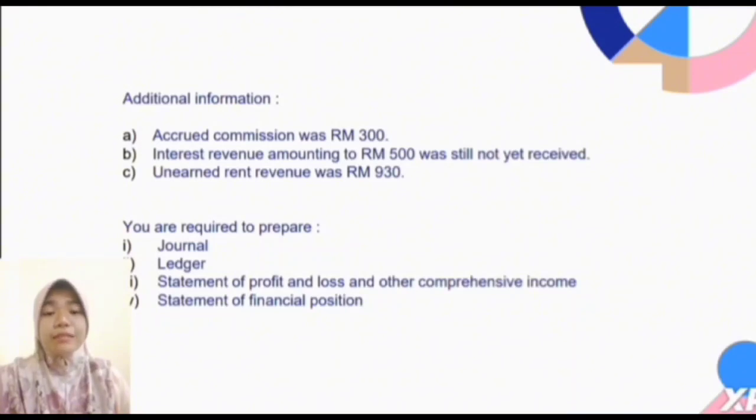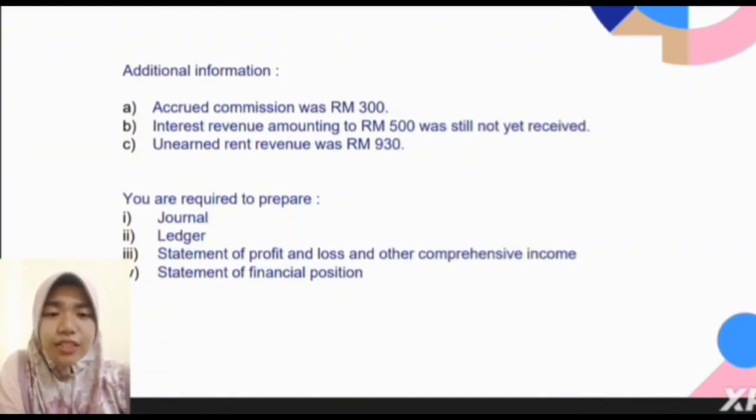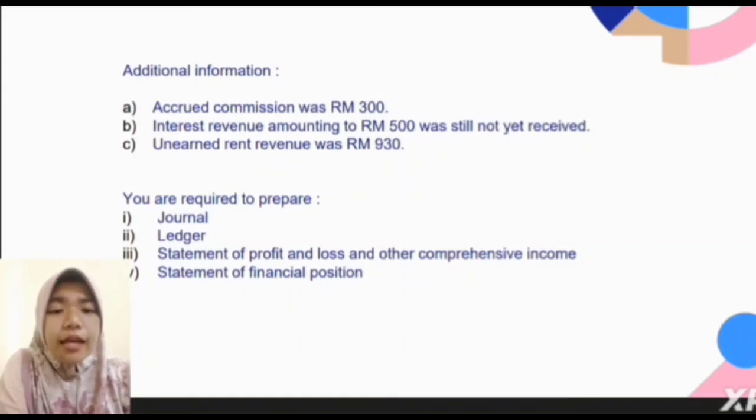So the balance must be considered as a liability under deferred revenue. So we call the unearned revenue a liability. Now the question asks us to prepare the financial statements: journal, ledger, statement of profit or loss and other comprehensive income, and also statement of financial position.